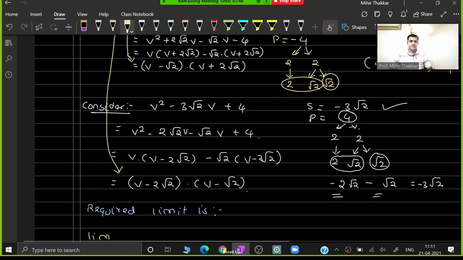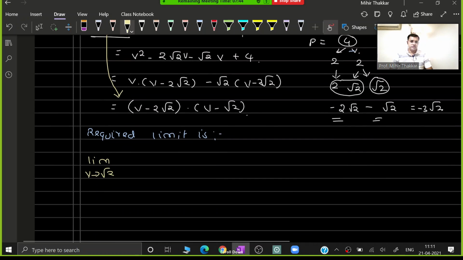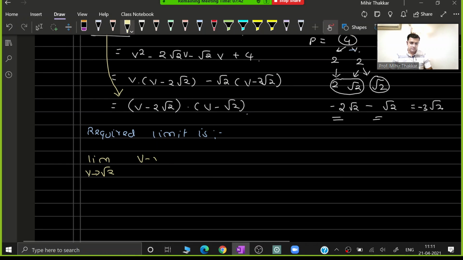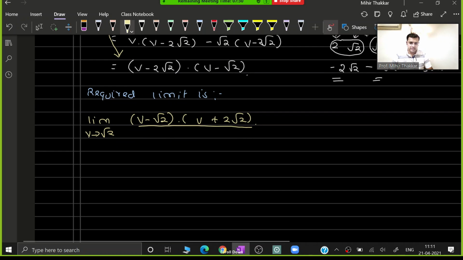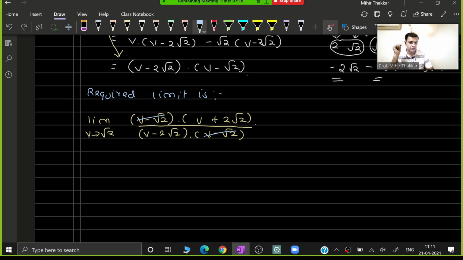So I will get v minus root 2 into v plus 2 root 2, and again the denominator, as I told you, is v minus 2 root 2 multiplied by v minus root 2. So I can observe that the common factor can be cancelled over here.